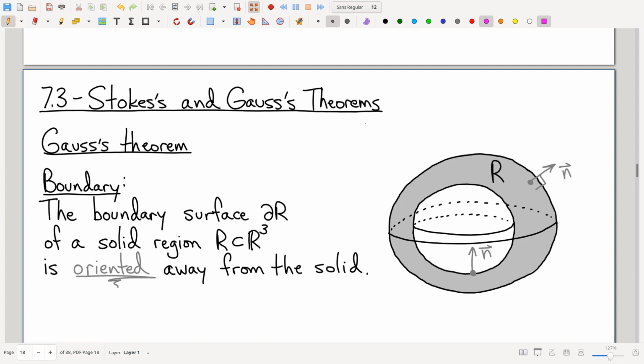Okay, real quick, just as a heads up, these two theorems, Gauss's theorem and Stokes' theorem, are much like Green's theorem. Really, really similar to Green's theorem, and to the other similar theorems that we've talked about, like the 2D divergence theorem, the fundamental theorem of line integrals, the fundamental theorem of calculus. In all of them, we need to understand what we mean by boundary and the associated orientation.